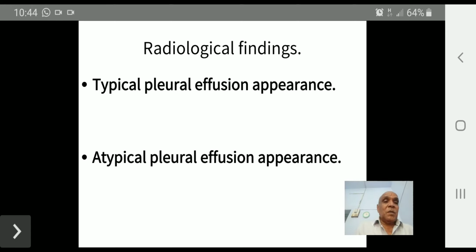So we will think some chances of the subpulmonary effusion. The apparent elevation of the hemidiaphragm on the affected side, and the apex of the dome of diaphragm is at the midclavicular line.